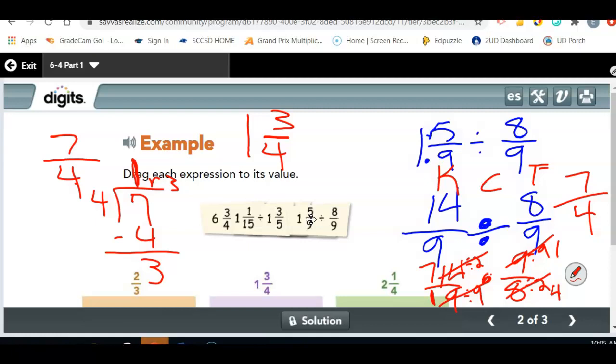So do we only do that? Good, yes. You only divide when this is an improper fraction, you're making it into a mixed number. This right here? Yes, we have to change that mixed number into an improper fraction.